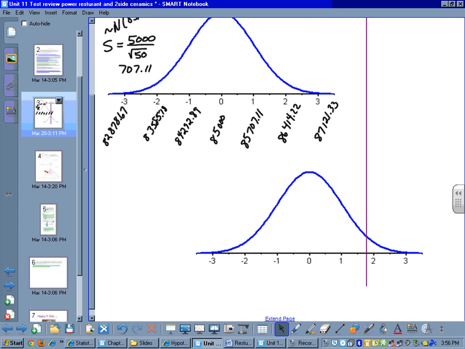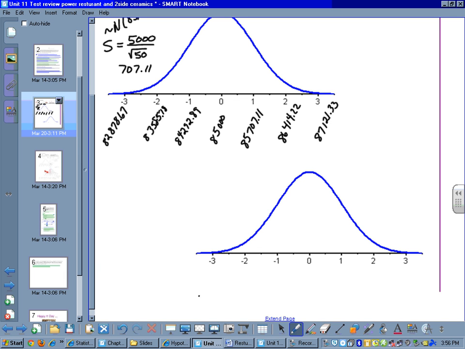So now that I have that placed, I can temporarily remove that line and put in my numbers for this. 84,878.67, 85,585.78, 86,292.89.